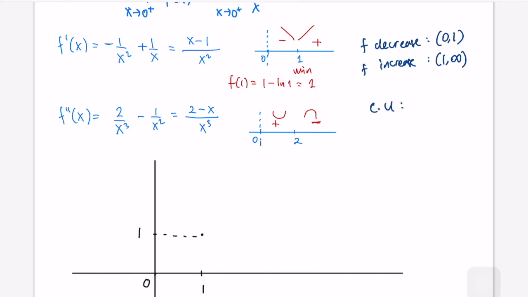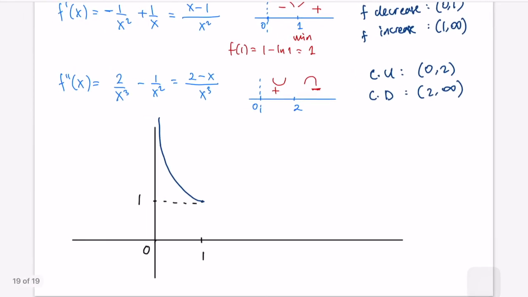Concave upwards. And concave downwards. Okay, so how it looks like, this will be going down like that. Okay, probably like that.